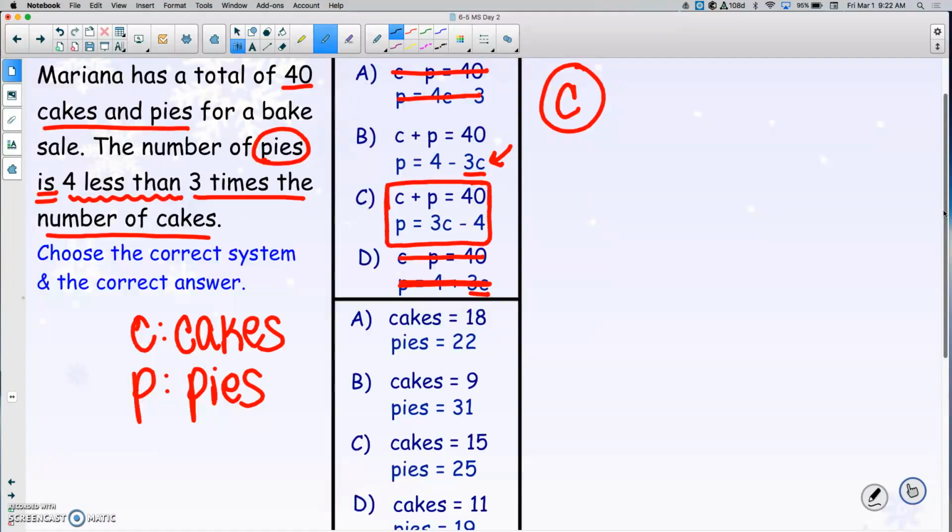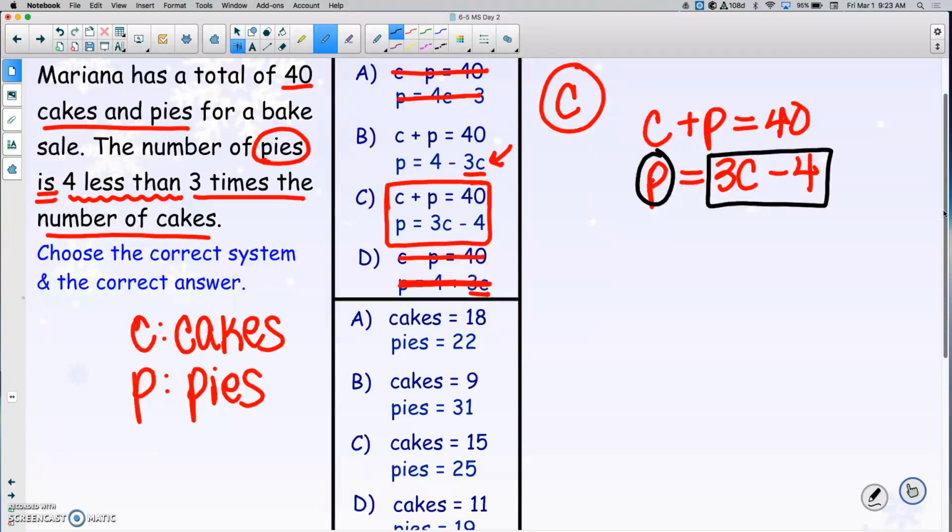Now, let's say that you want to solve this system. I am going to use substitution this time. Remember, you could always take the answer choices and plug them in and simplify. I think it would take longer though. So substitution, P is all alone. It's equal to 3C minus 4, so let's replace it.